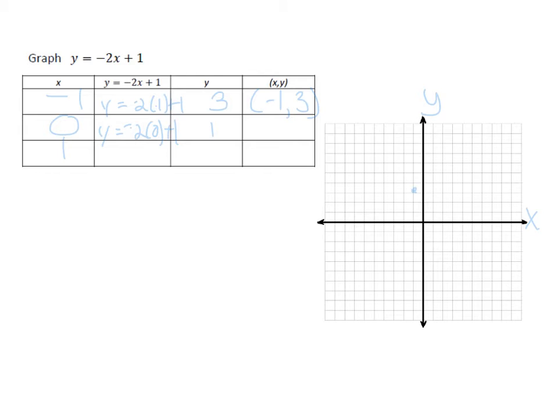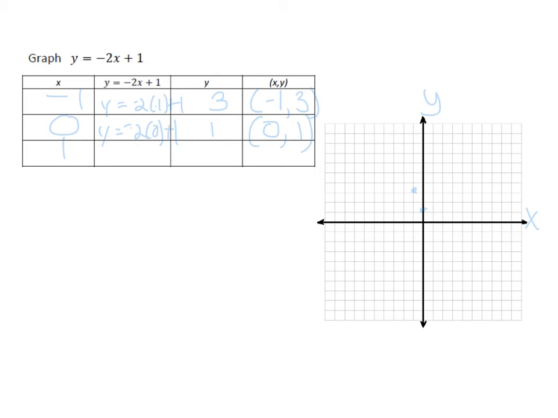So our x value was 0 and our y value was 1. We go over to our graph and find 0, 1. We go to the origin and go up 1 because it's a positive 1. So there's our new point.